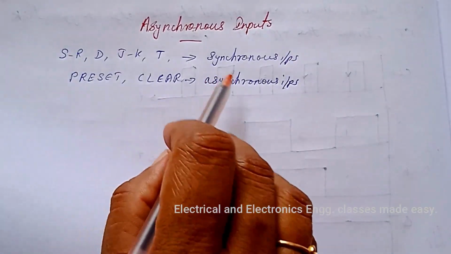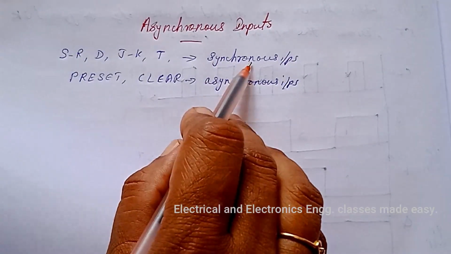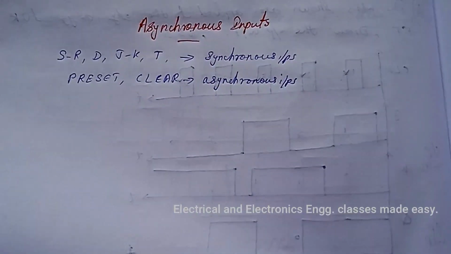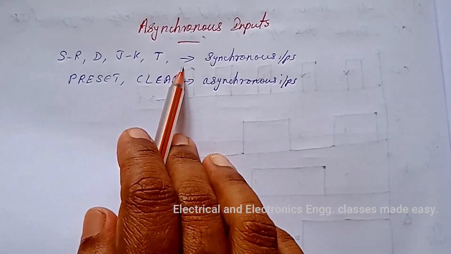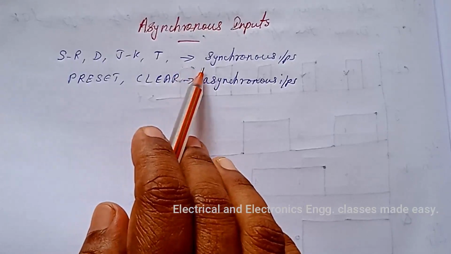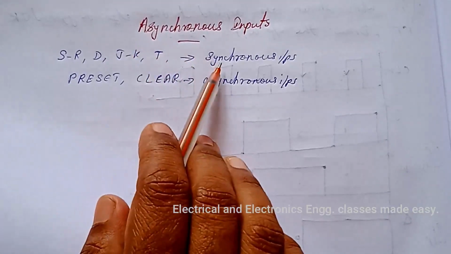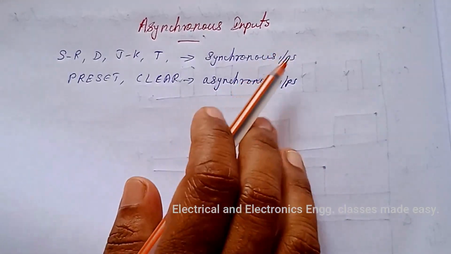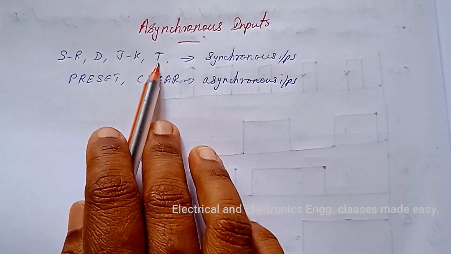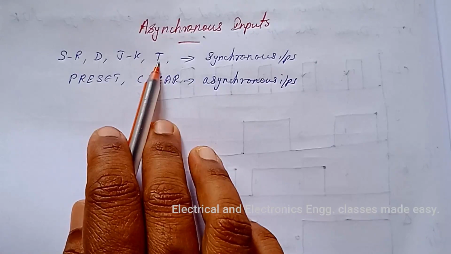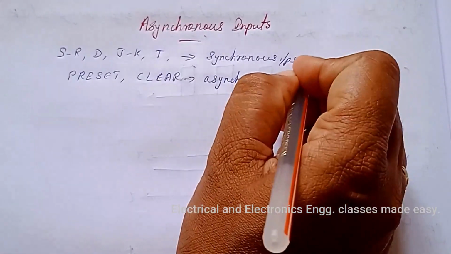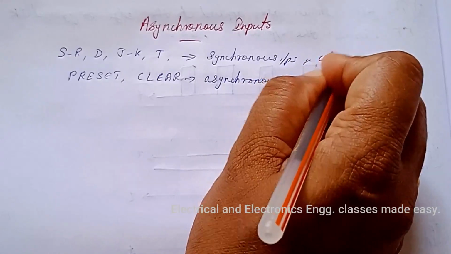So the synchronous inputs are called so because their effect on the flip-flop output is synchronized with the clock input, and these synchronous control inputs must be used in conjunction with a clock signal to trigger the flip-flop.